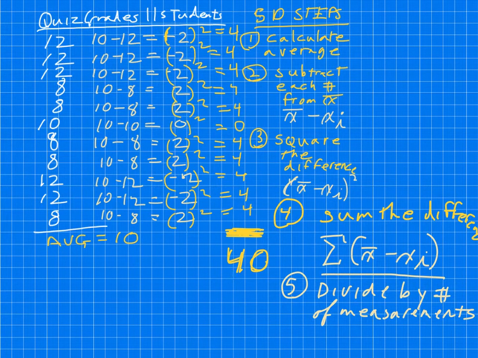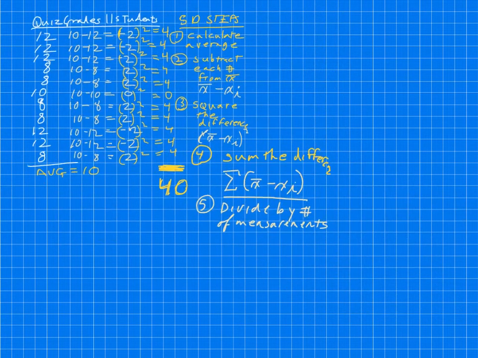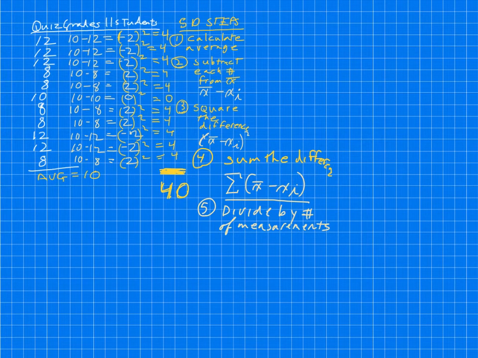So we're going to take our 40 and divide by 11. 40 divided by 11 equals 3.636, is what your calculator is giving you, home gamer.